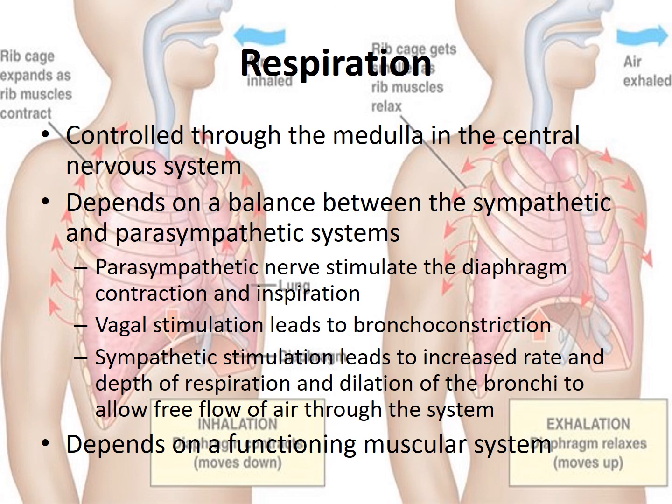Now, the parasympathetic will stimulate the diaphragm contraction, and that's the muscle that's necessary for the lungs to be able to move and inflate and deflate. We also have nerves in our body. The vagus nerve is one that will stimulate bronchial constriction.